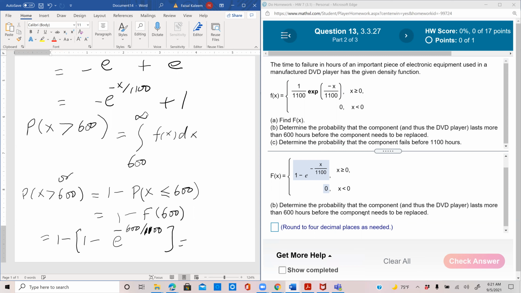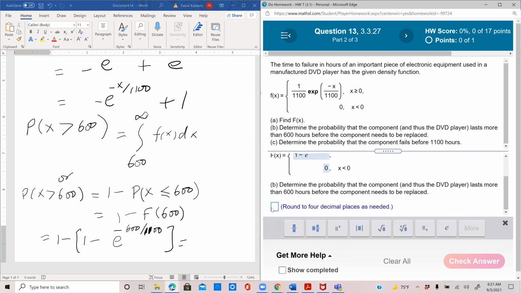And that ends up being e to the negative 6 by 11, because the ones will cancel out. So you get 0.5796, to 4 decimal places.